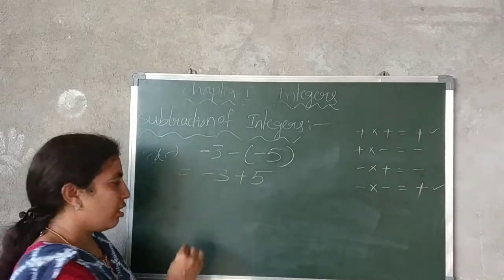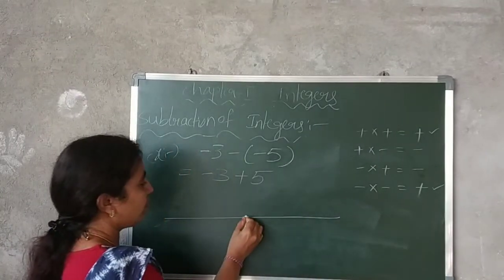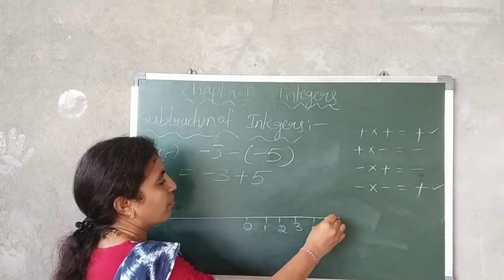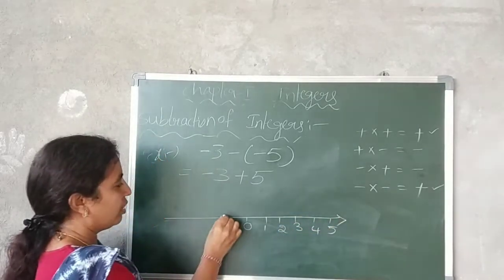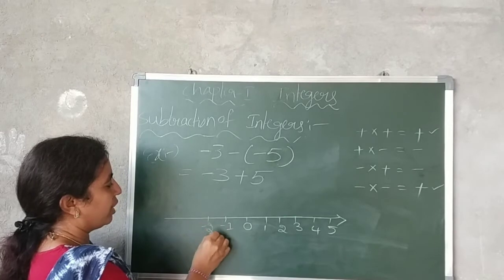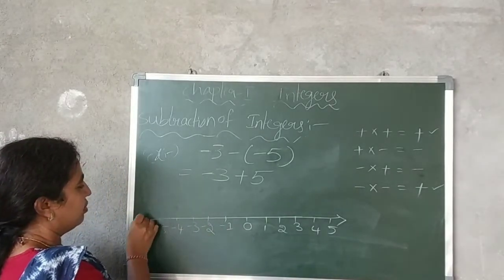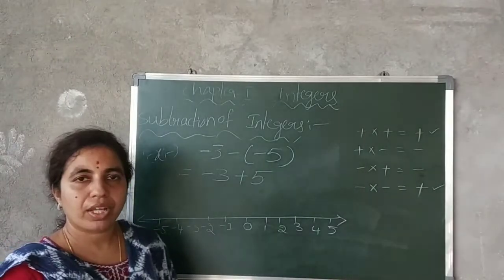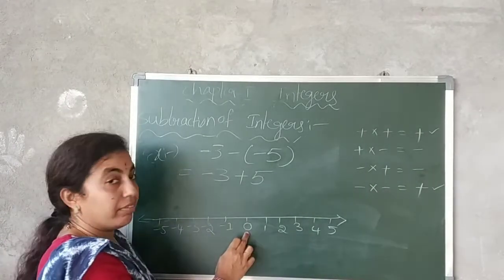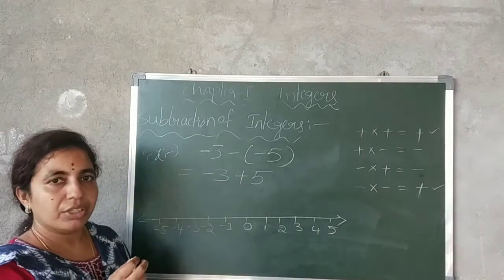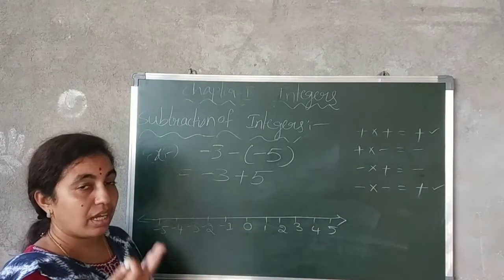Again go for the number line. In the middle 0, 1, 2, 3, 4, 5 and so on, and then minus 1, minus 2, minus 3, minus 4, minus 5 and so on. So again, where will you start? At 0. Here also you should use the same process as in addition.